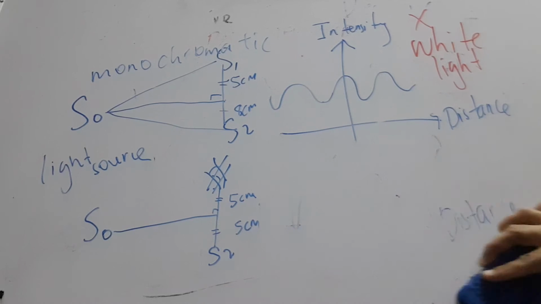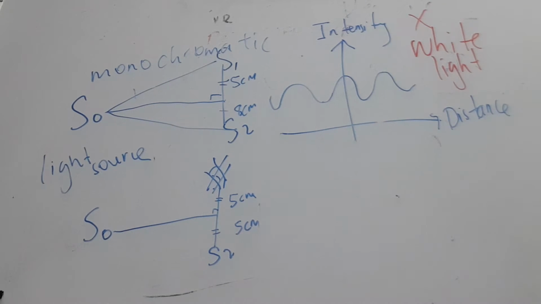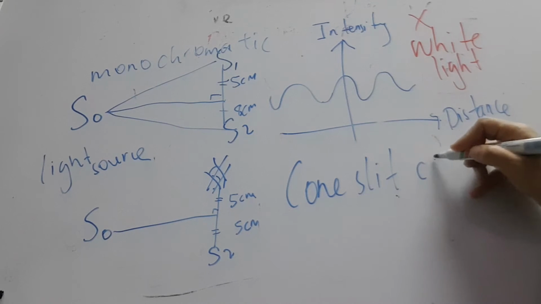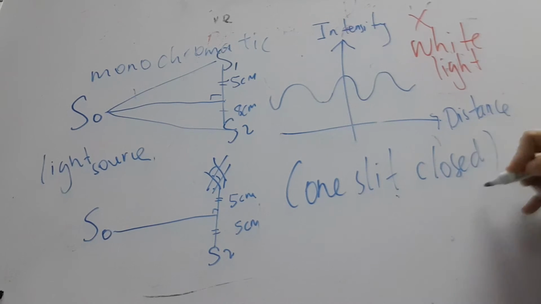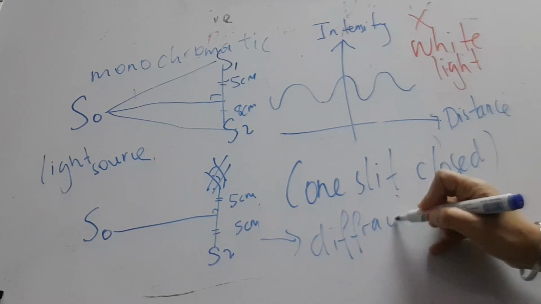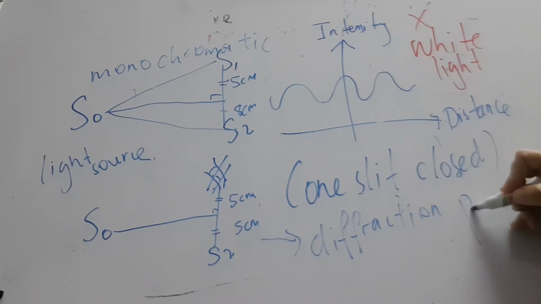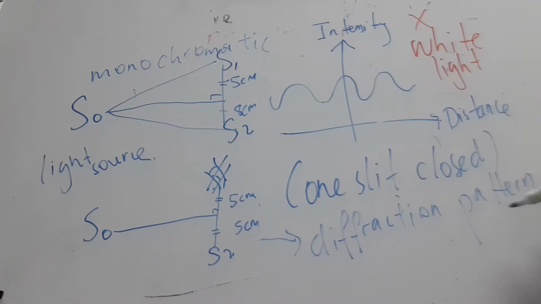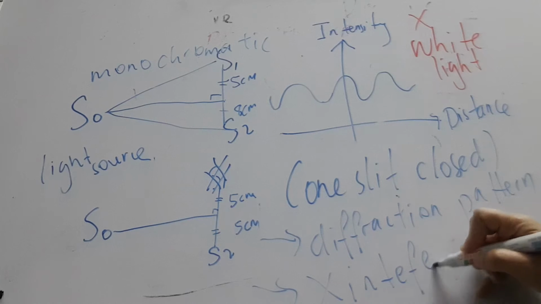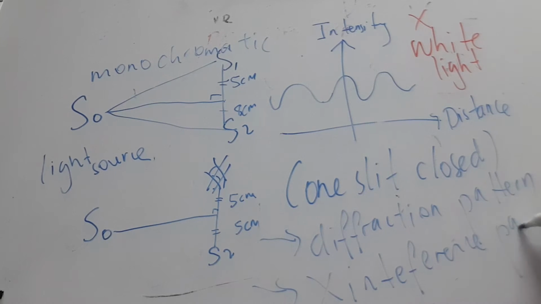So when one slit is closed, you have only a diffraction pattern, and you will not have an interference pattern. You will not be able to get an interference pattern.